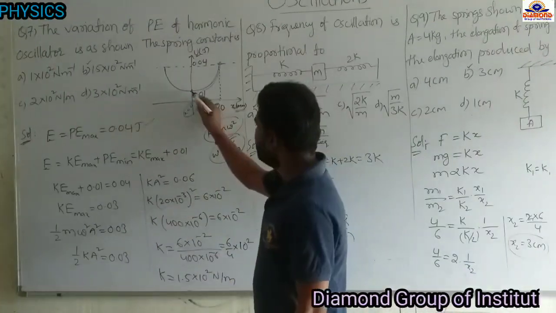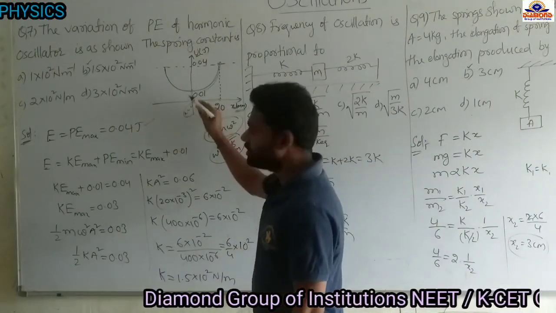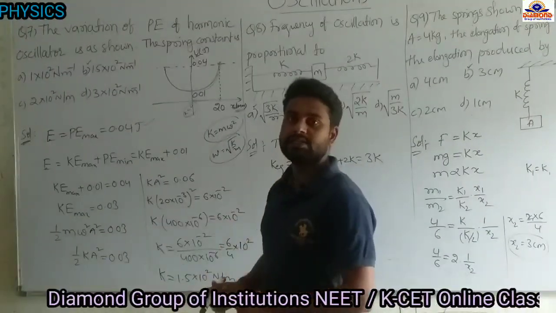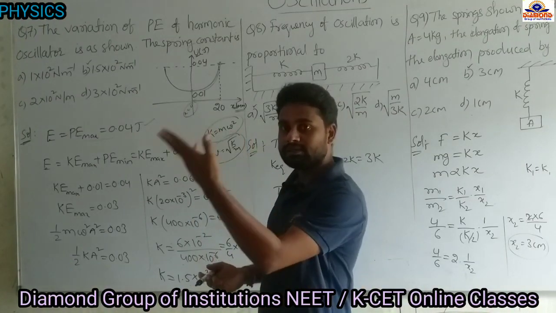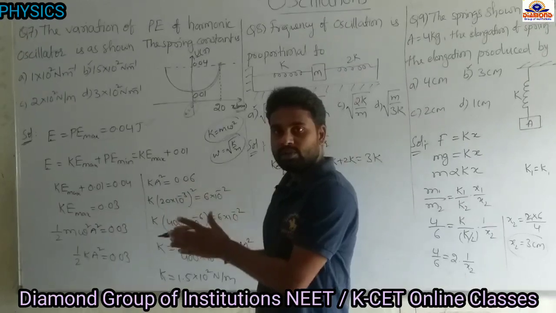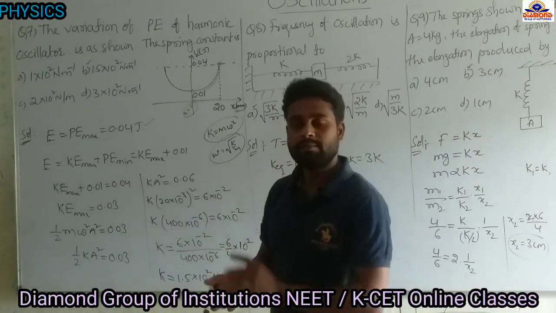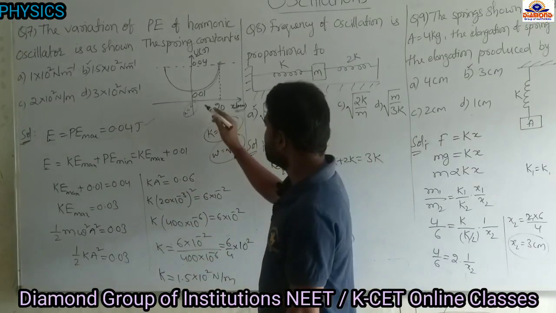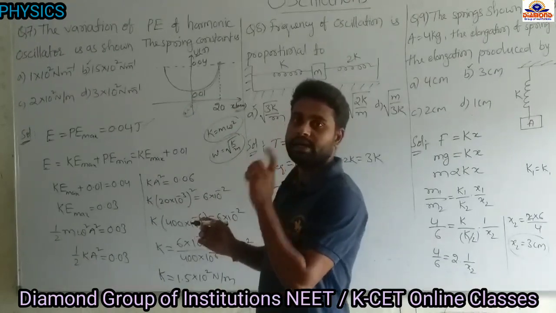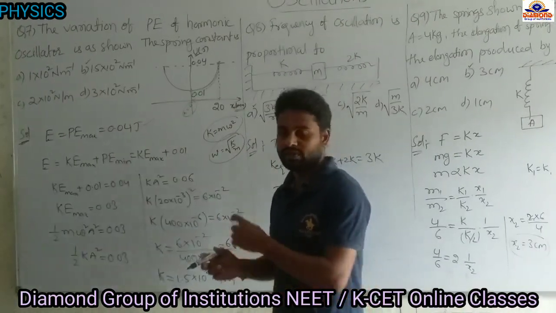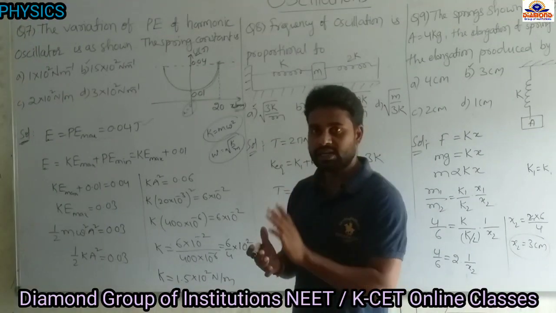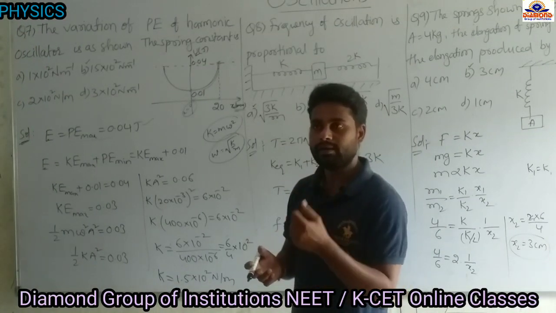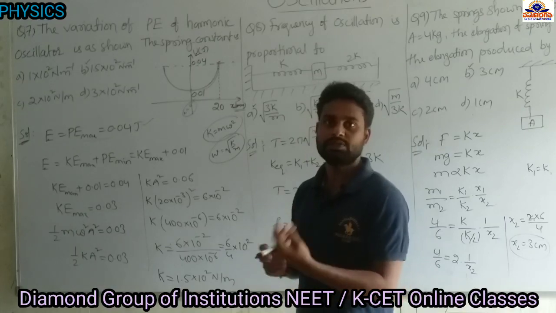Okay, so now whenever the particle is at the mean position, it has the kinetic energy and it has the potential energy. In some cases potential energy will become 0 and total energy is equal to the maximum kinetic energy, but in this case it has some potential energy. This is a theory bit also, that means at the mean position potential energy may be 0 or may not be, like this option they may give.